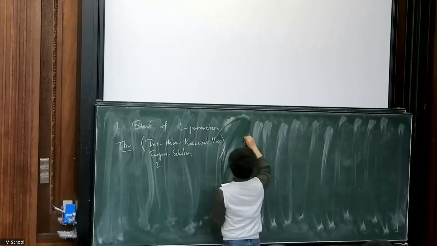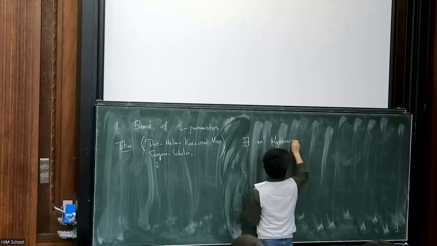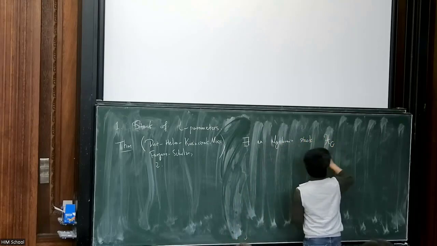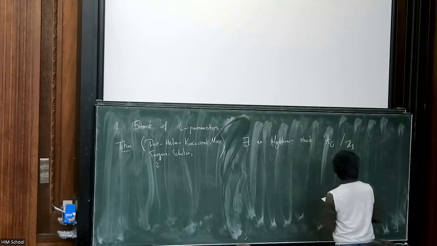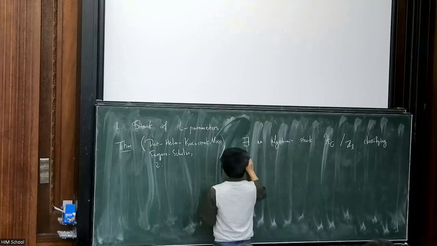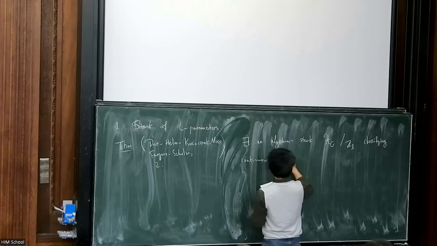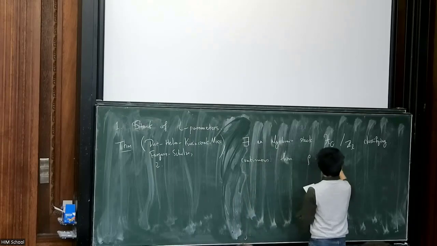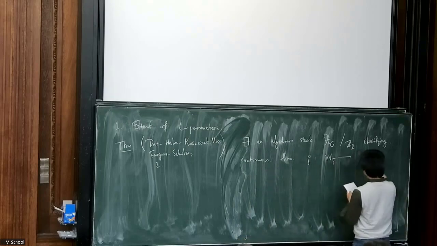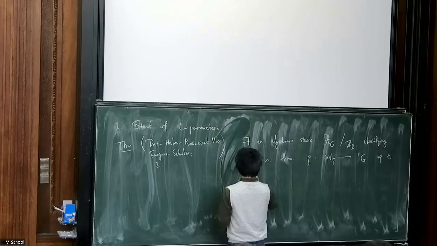It says that there exists an algebraic stack X_G over Z_l classifying continuous L-parameters, so homomorphisms rho from the Weil group of F to the so-called Langlands dual group, or actually, because I want to make it over Z_l, I need to modify it a little bit, the so-called C-group of G, up to G-hat conjugacy.